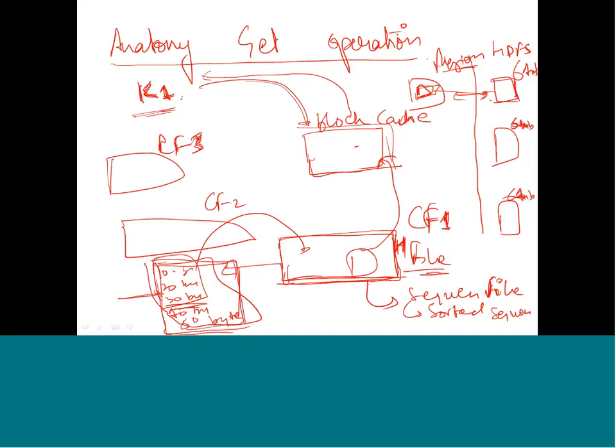So you have CF1, CF2, CF3. These will have their own individual HFiles. Within CF1, for the amount of data, you may have multiple HFiles: HFile 1, HFile 2, HFile 3. Okay? So this is how the read operation works.